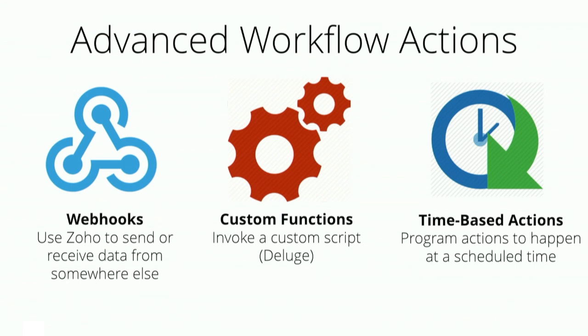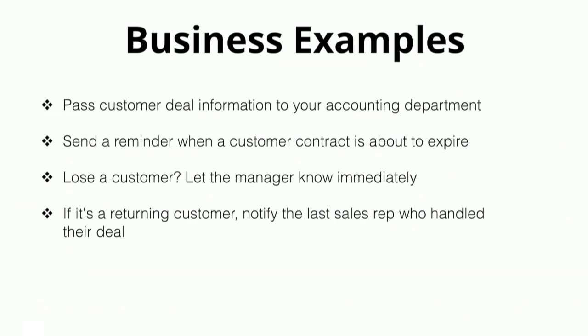So there's a couple of different things that we're going to be able to do. And some useful business examples here that come into play is that, let's just say that we need to pass, again, the information for a deal over to the accounting department or maybe your accounting application to be able to invoice the client. Maybe you need to send a reminder to an account exec when the contract of a sale is about to expire.